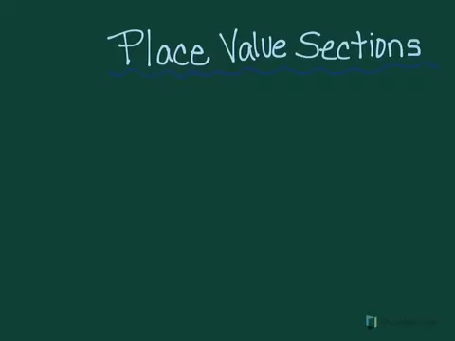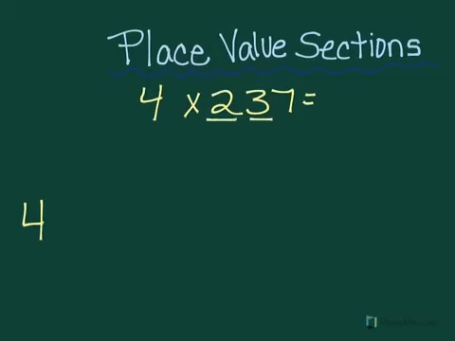You can use the place value sections method even when you have a 3-digit number. So I'm doing 4 times 237. So on one side I'm going to have my 4 and on the other side I'm going to break it apart by place value.